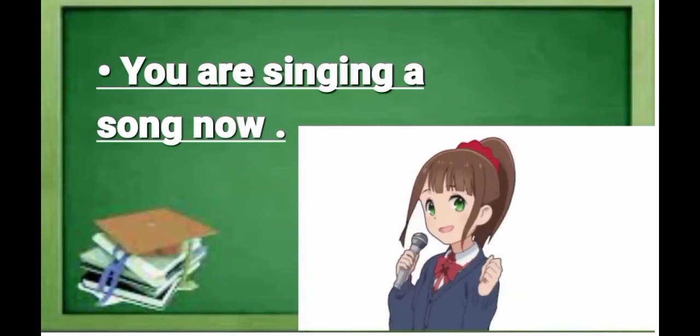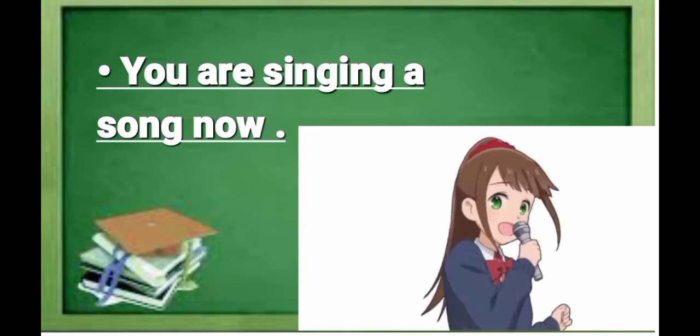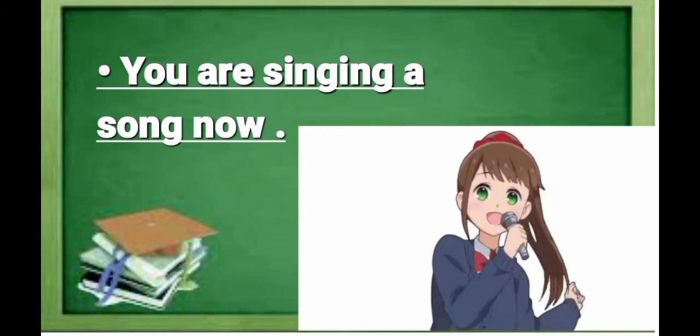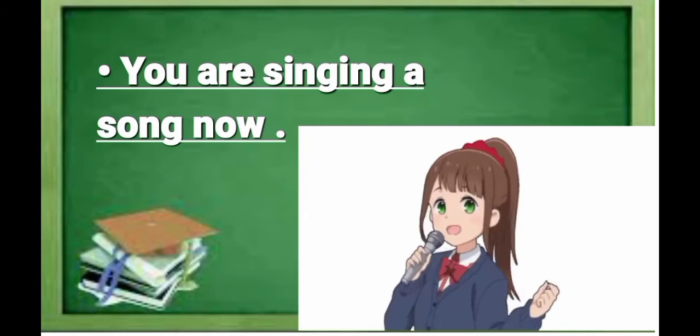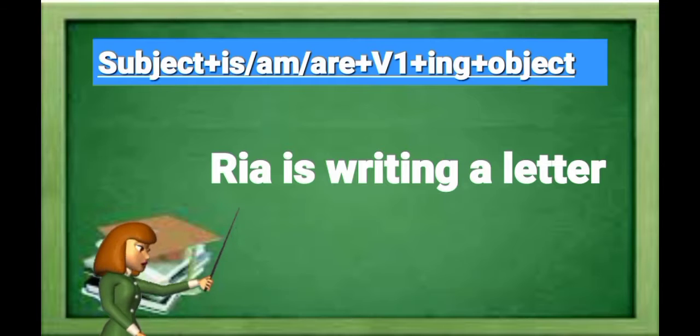And also, we should know the rule for forming a sentence in present progressive tense. So here are the rules of present progressive tense. So subject plus is, am, are plus V1 plus ing plus object. So our example is: Ria is writing a letter. So our subject is Ria. Is is our auxiliary verb.